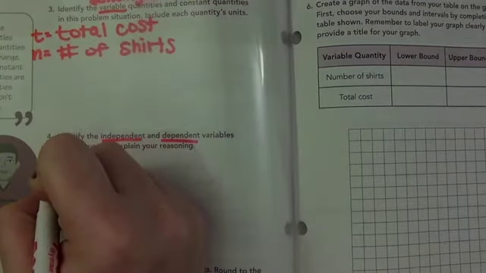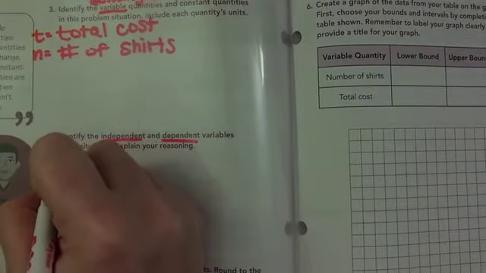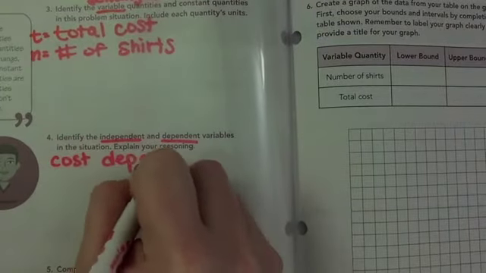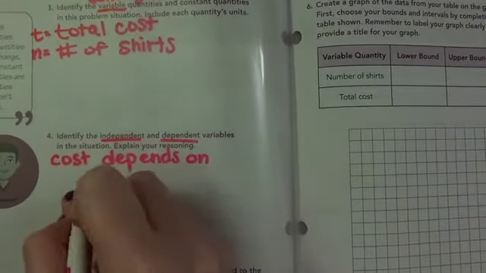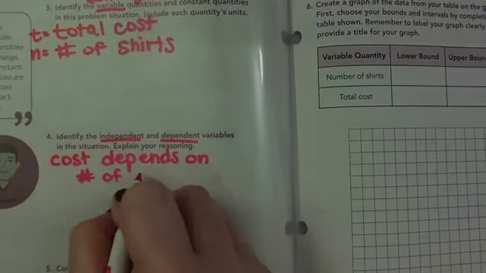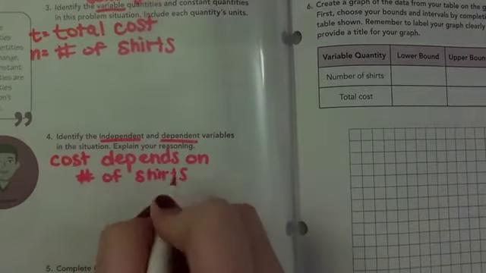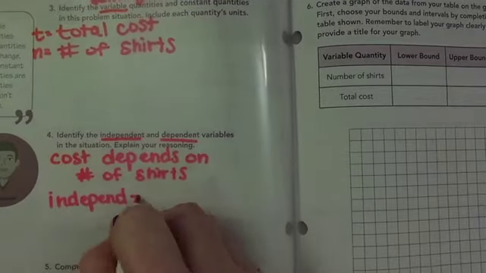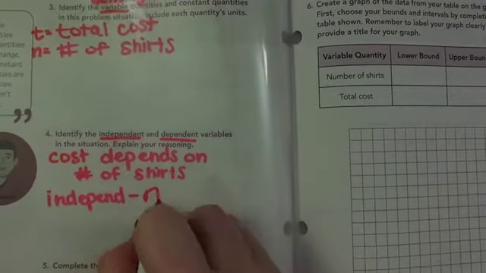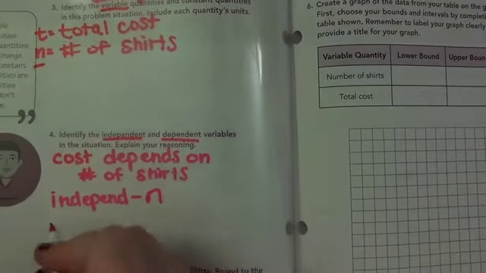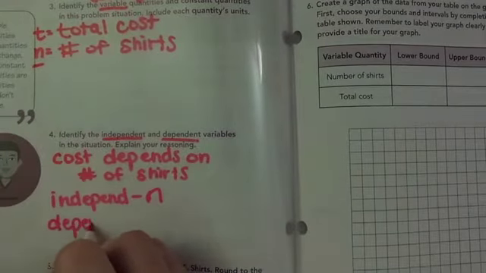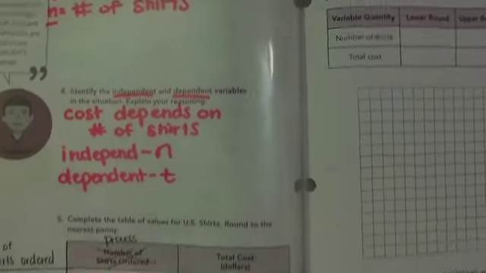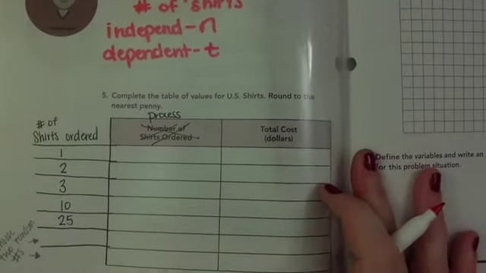Well, it would definitely be the cost depends on the number of shirts. So the independent is N from up here, and the dependent is the T.